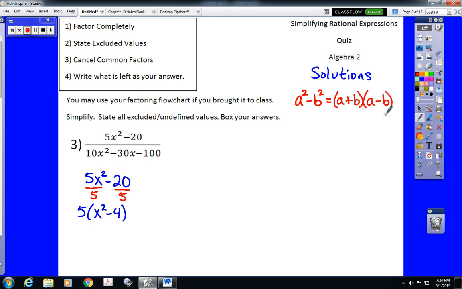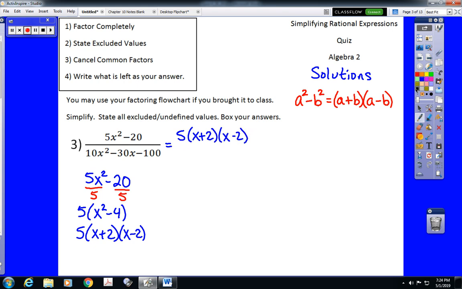So if we look at this pattern here, we have x squared minus 2 squared, because 2 squared is 4. Which means that that binomial will factor into x plus 2 and x minus 2. So our numerator factors into 5 times x plus 2 times x minus 2.